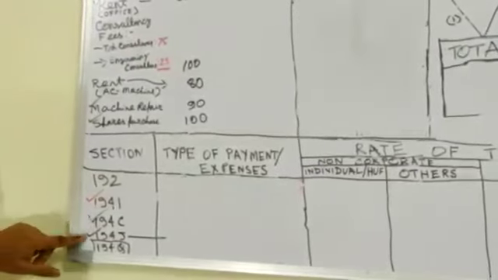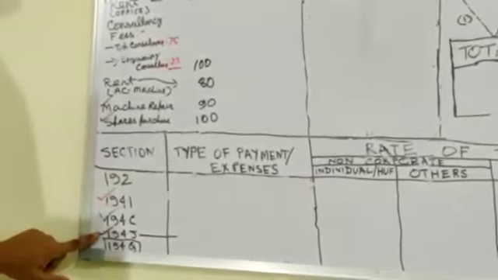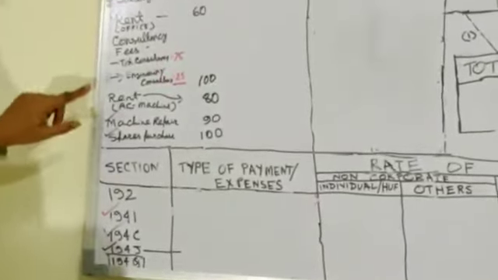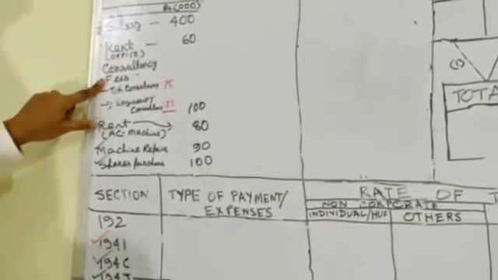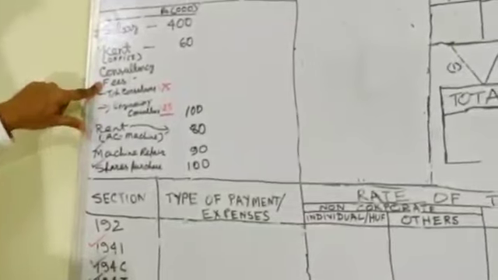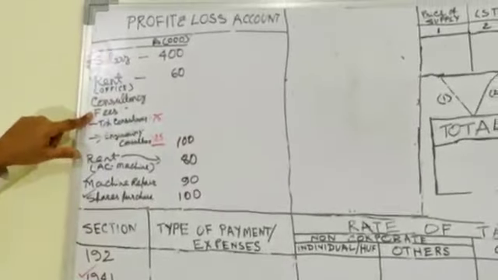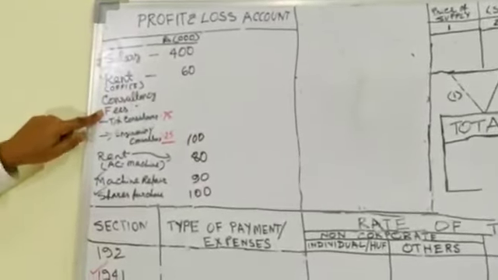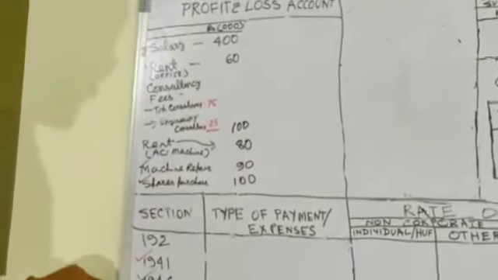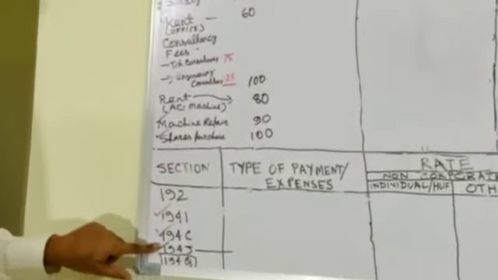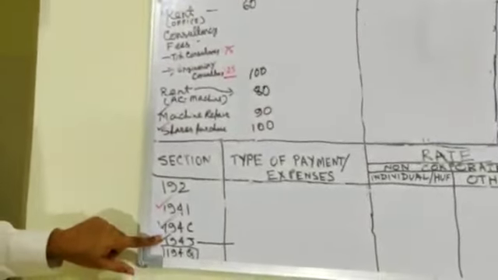Same thing for 194J. When we make any payment to professionals, which is normally captured in accounts as consultancy fees, then we have to deduct TDS as per the provision under section 194J.